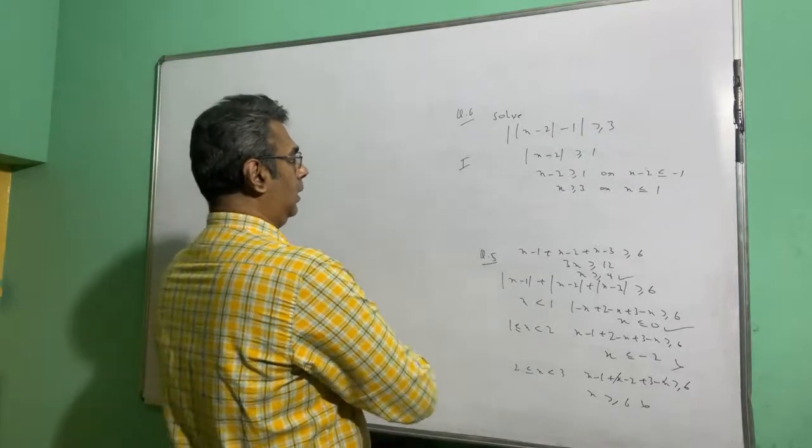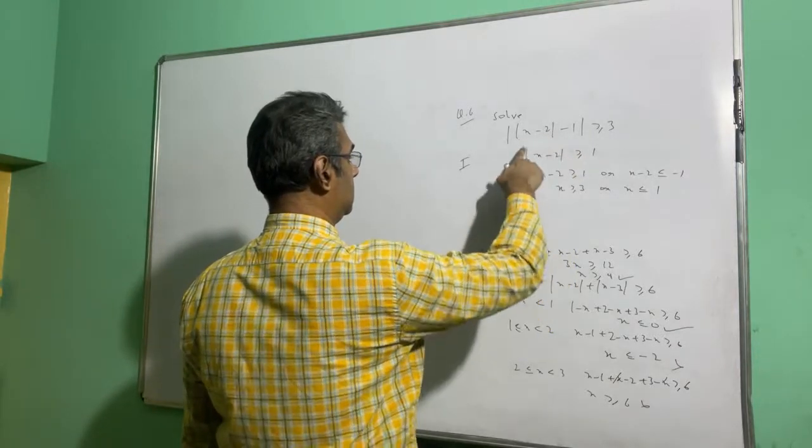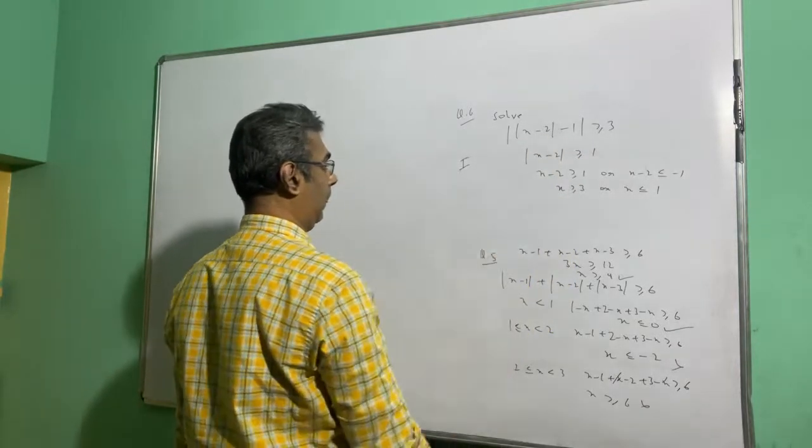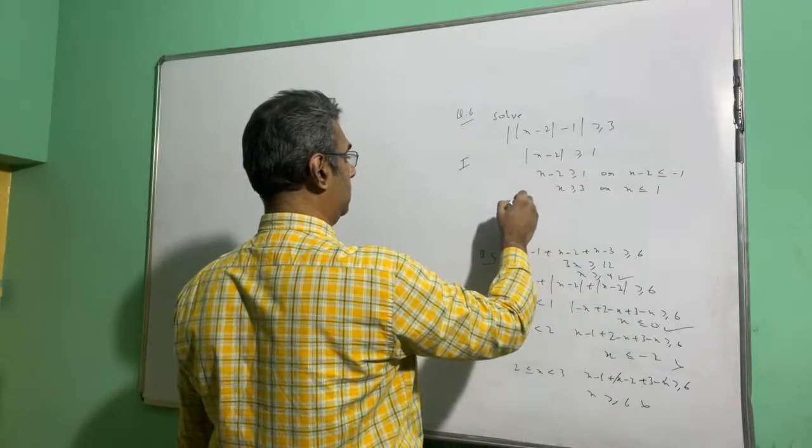Meanwhile, if mod x minus 2 is greater than or equal to 1, then this entire thing will break like this.